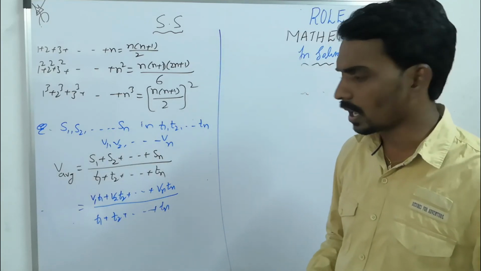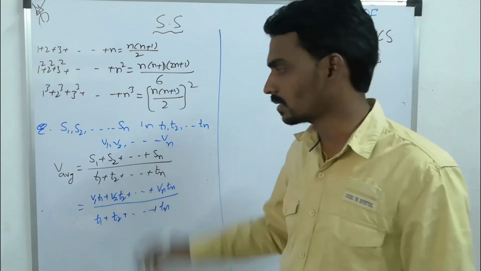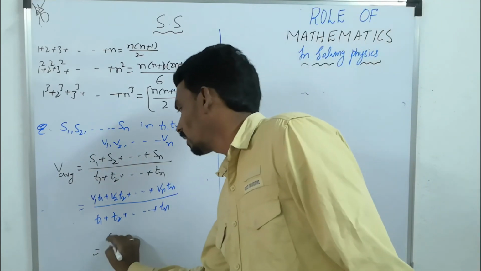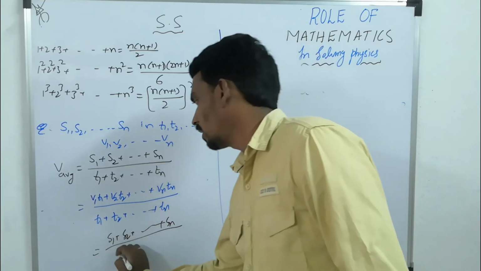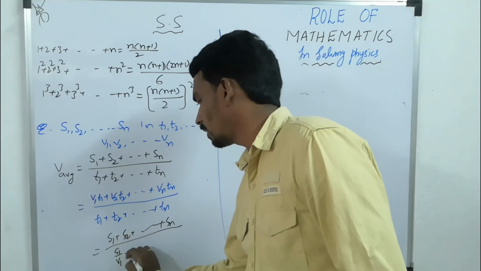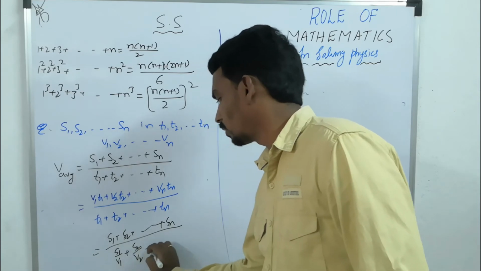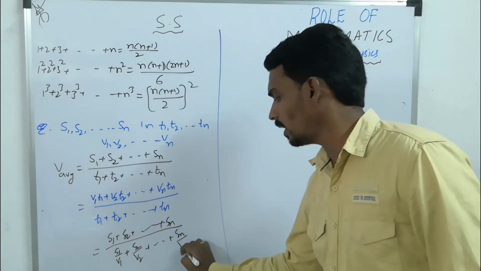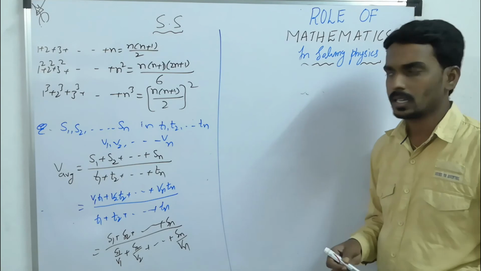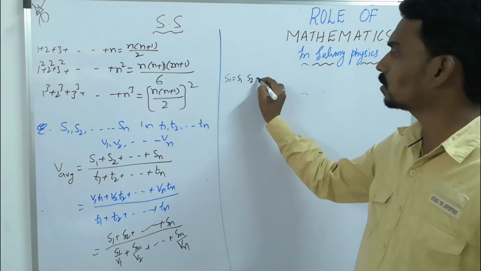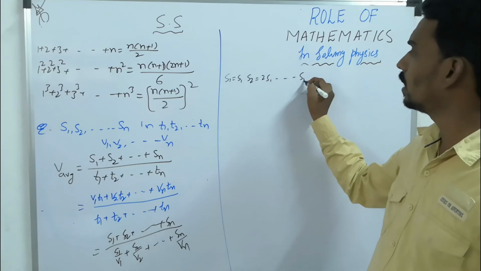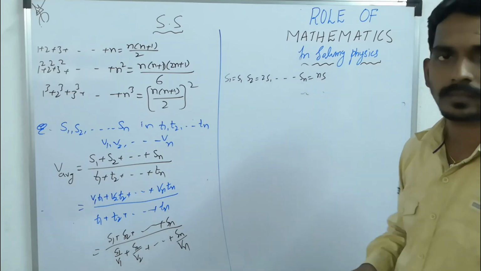And the same formula you can also write in terms of s and v: (s1 plus s2 plus so on up to sn) divided by (s1 by v1 plus s2 by v2 plus so on up to sn by vn), since t is s by v. For example, if you consider s1 is s, s2 is 2s, and so on, sn is ns.